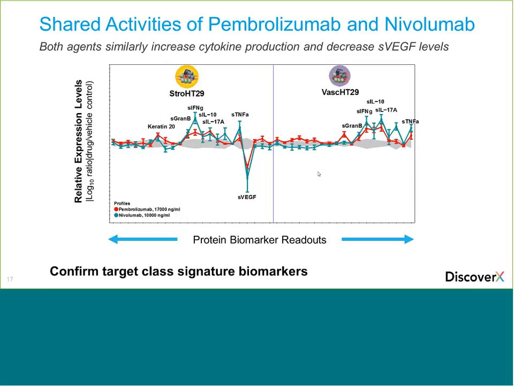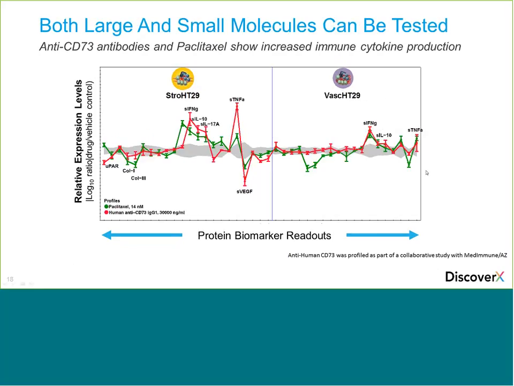So again, it allows you to benchmark, do some lead optimization, and identify signature biomarkers of efficacy before moving this molecule further along into the clinic. And of course, the goal of a panel such as this is to enable you to test new candidate molecules.